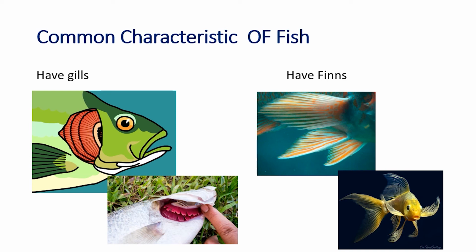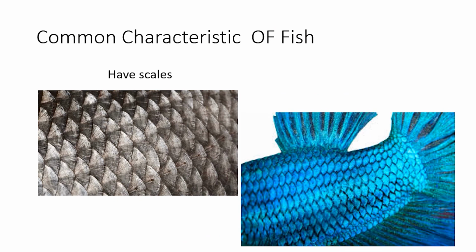That's what they use to breathe in the water. And then the second one, they have fins. These fins are used to help them swim. The last one is scales. Most fish have scales. The scales are used to protect them. So again, an animal that has gills, fins, and scales can be classified as fish.